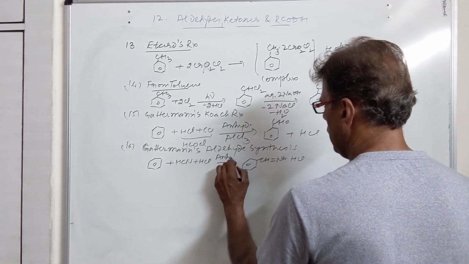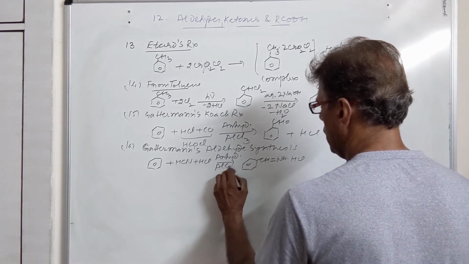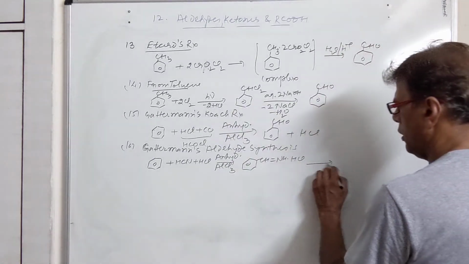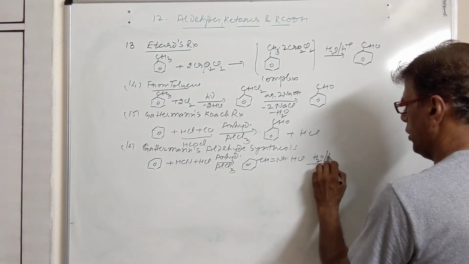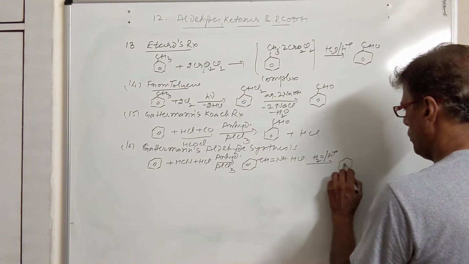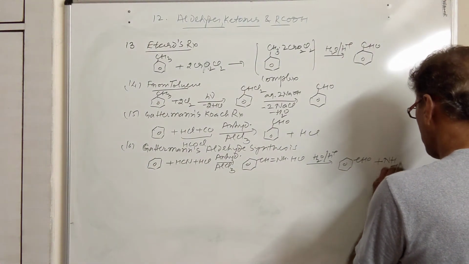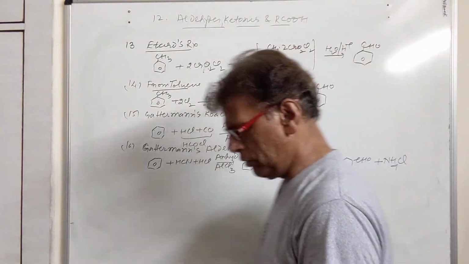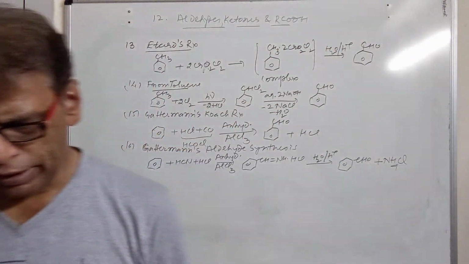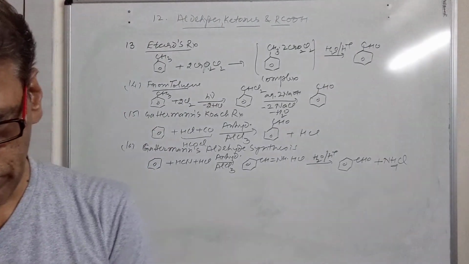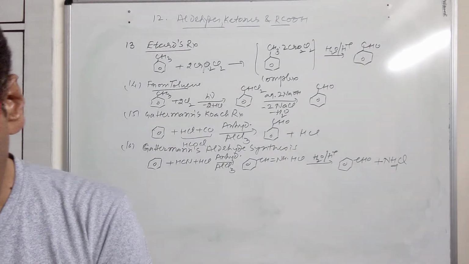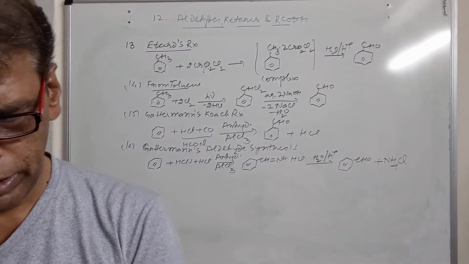Catalyst is anhydrous AlCl3. This product is hydrolyzed with acidified water. It will give you benzaldehyde plus ammonium chloride. So this is called Gattermann's aldehyde synthesis, which gives us the aromatic aldehyde by this method.